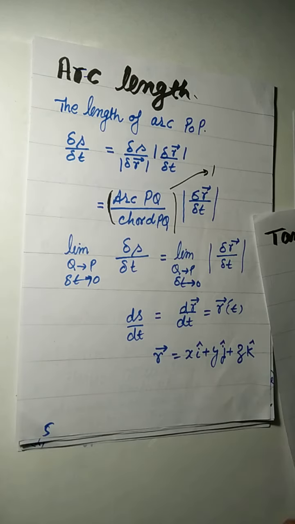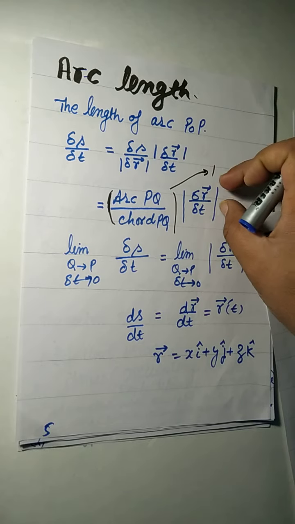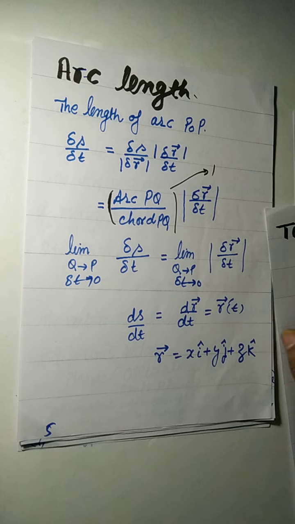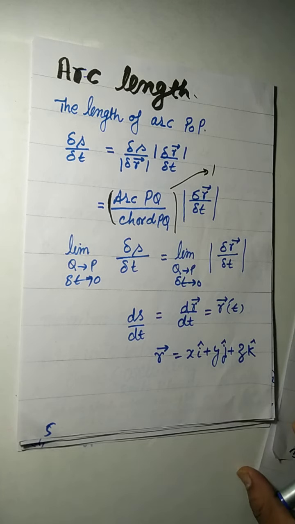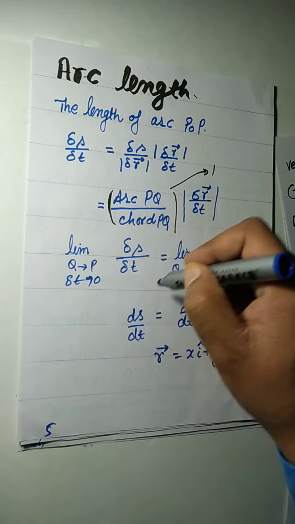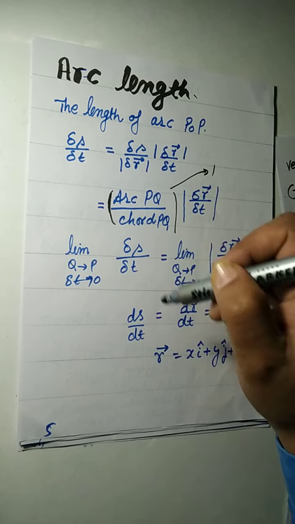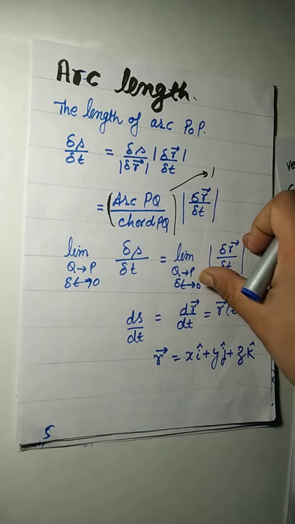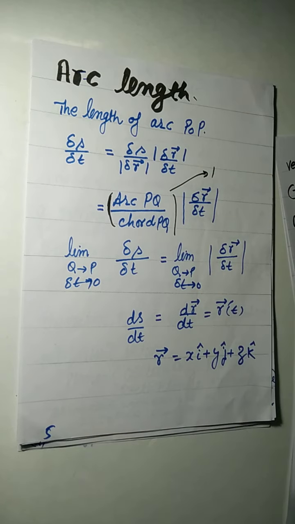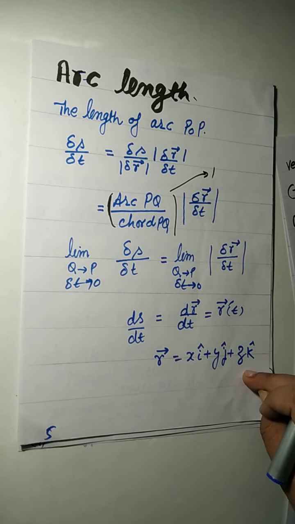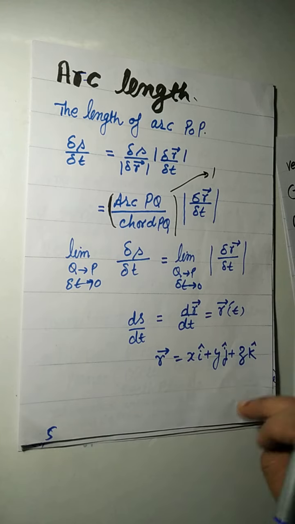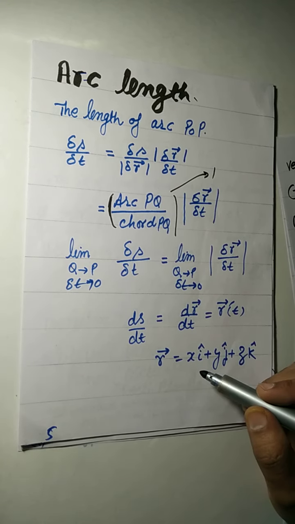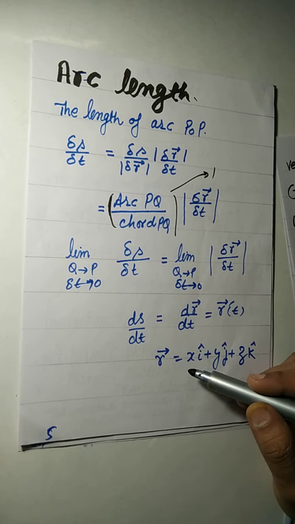Here this ratio will be 1, and delta r upon delta t. From our previous knowledge, as Q tends to P, delta s upon delta t equals ds/dt, and this one will be dr/dt. The position vector is r, so at parameter t, the position vector will be r(t).